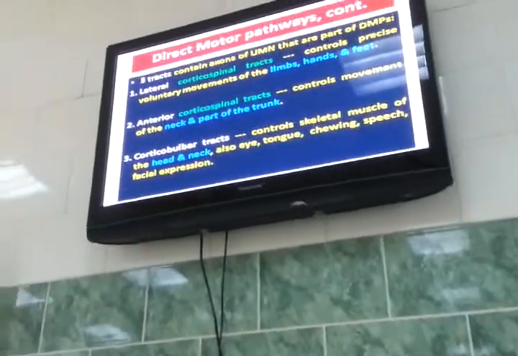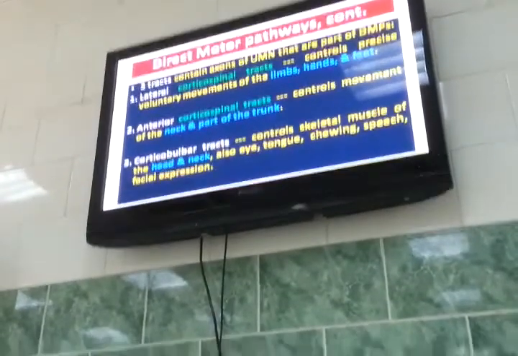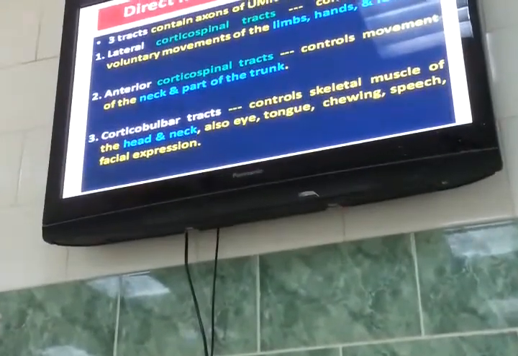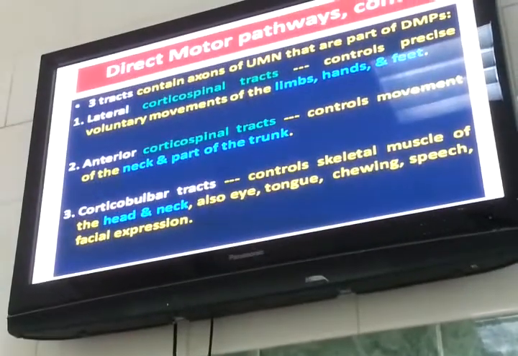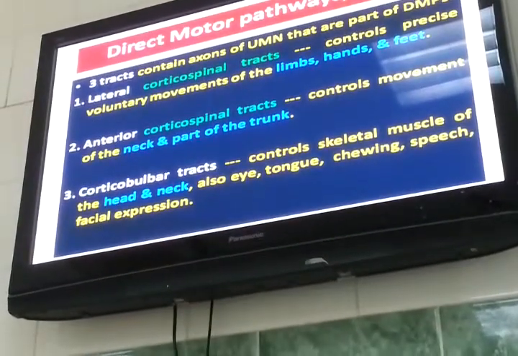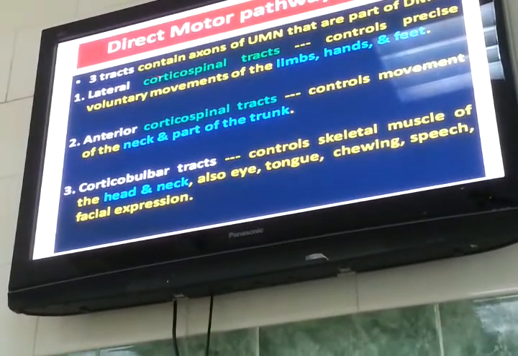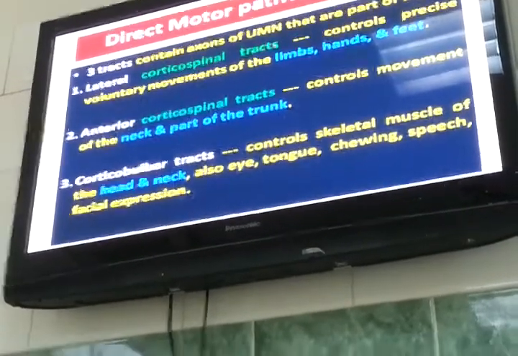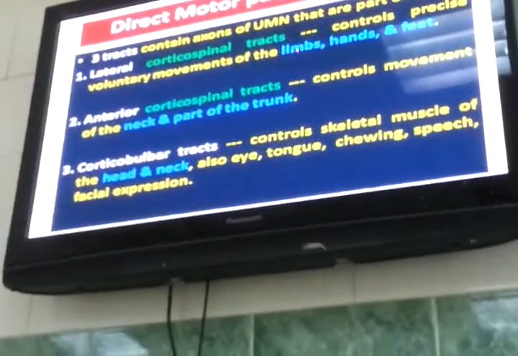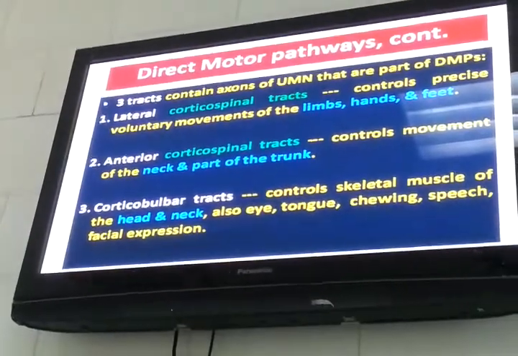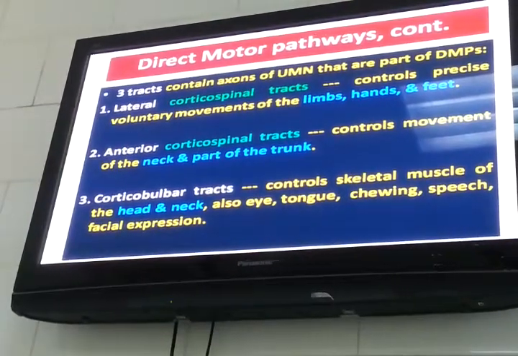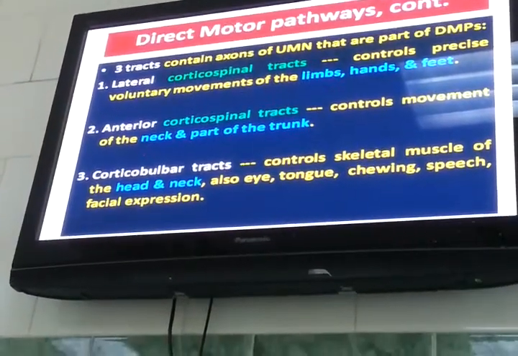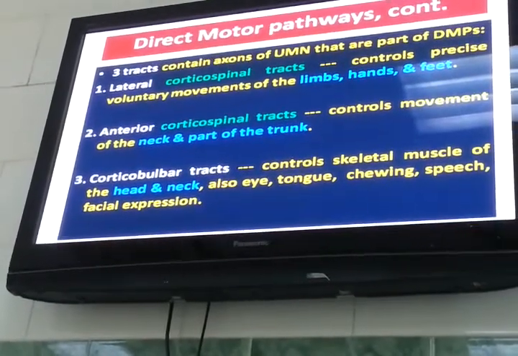Now there are 3 more tracks in the direct motor pathway, all commonly called direct motor pathway. Lateral corticospinal tract, what does it do? It controls the movement of the limbs, hands and feet. Anterior corticospinal tract controls the movement of neck and part of the trunk.